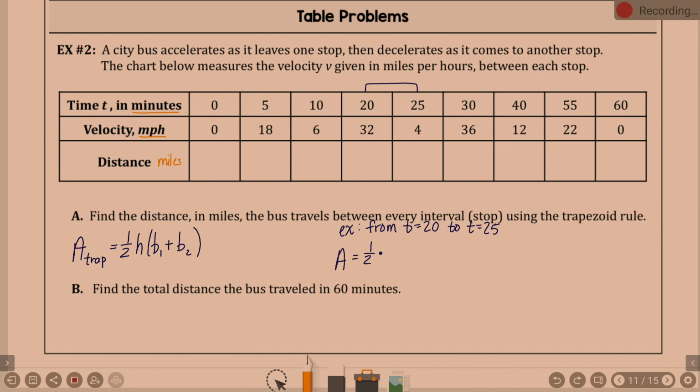So I'm going to use, yes, the 5, because 25 minus 20, right? But it's 5 over 60. I could agree with 1/12. Now, what are the bases? 32 and 4. The sides, right? The 32 plus 4. And now, you can grab the calculator if you want. 36, half of 36 is 18. 18 over 12, based on Doug's 1/12.